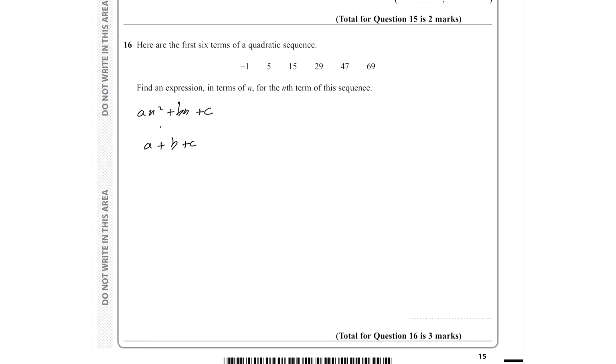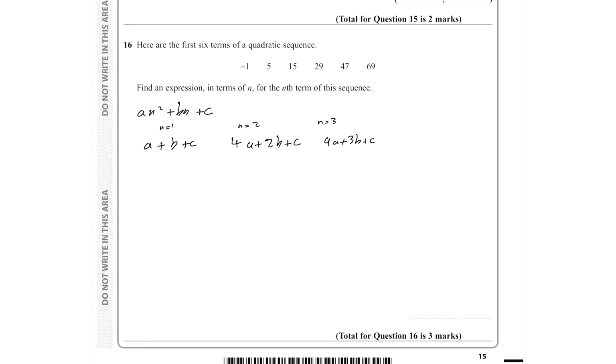If I have n is equal to 2, we end up with 4a plus 2b plus c. And then I just need to do one more. If I have n is equal to 3, I have 9a plus 3b plus c.